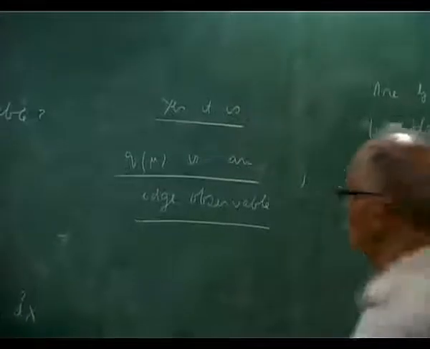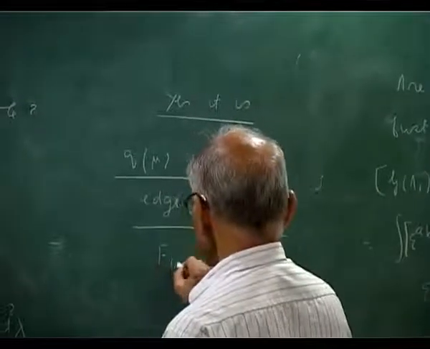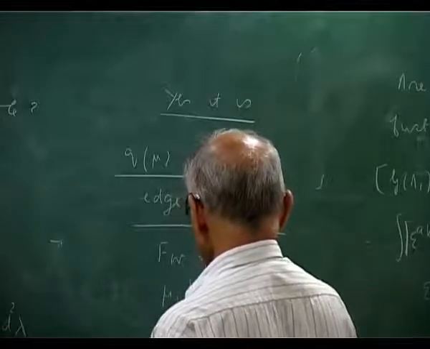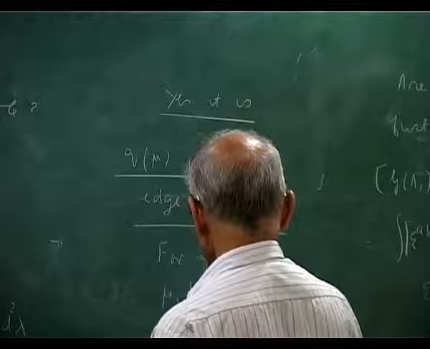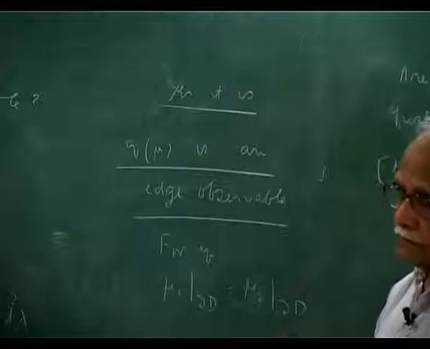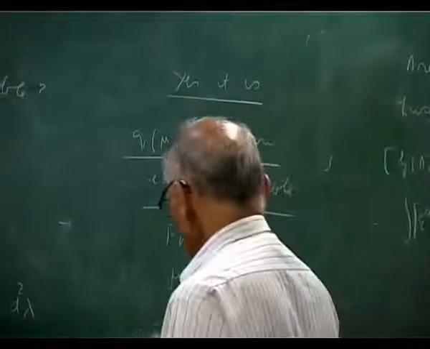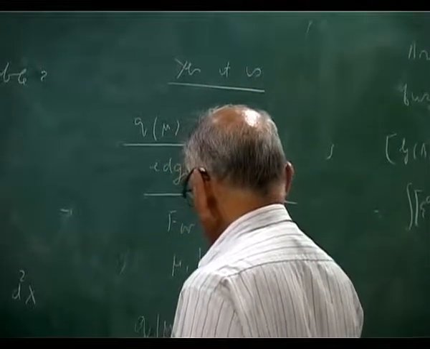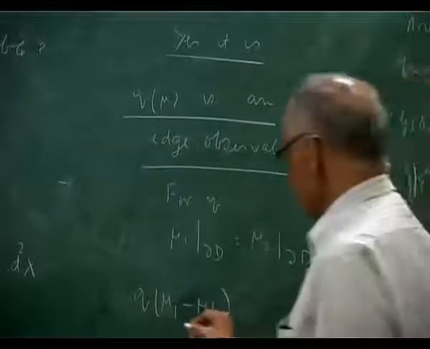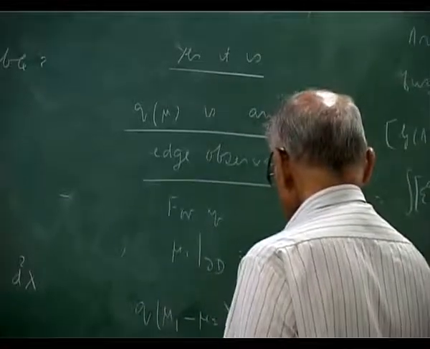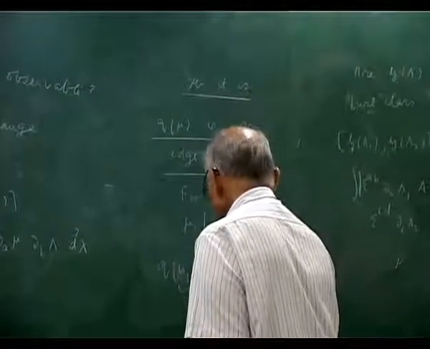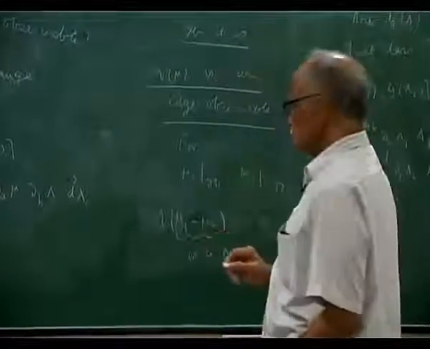Okay. Why? If two test functions agree on the boundary, then Q of mu1 minus mu2 vanishes at the boundary, where mu1 minus mu2 is a lambda, so this is 0.